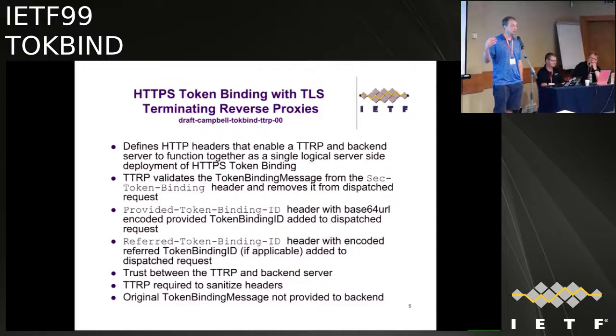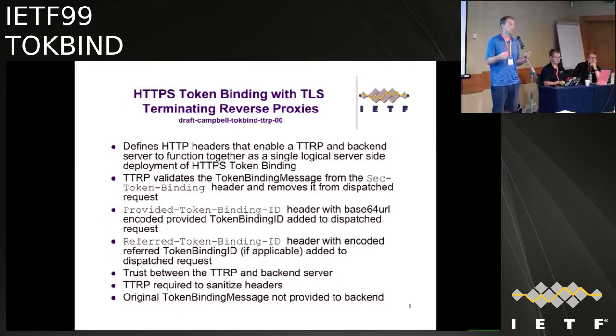The draft as written now requires that the backend application trust the TTRP somehow. It might be IP restrictions, it might be mutually authenticated TLS, it might be basic authentication headers with a shared secret that's known only between the two. I don't know. It's out of scope as written now. Okay.